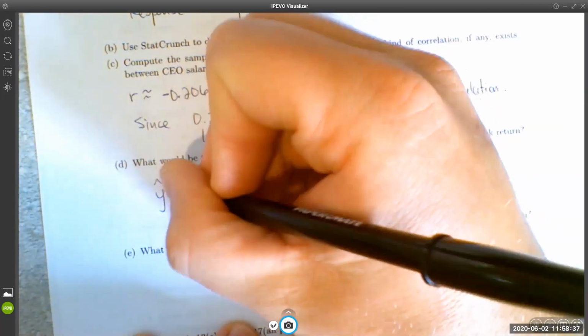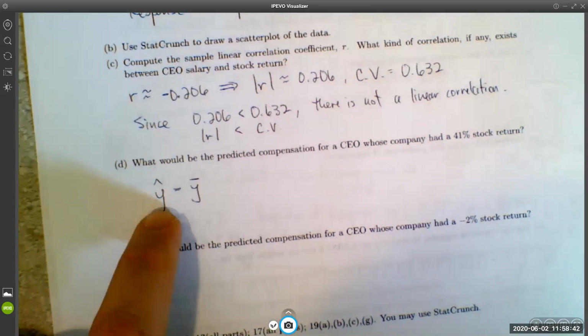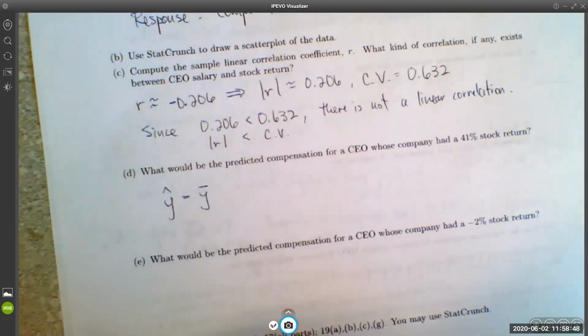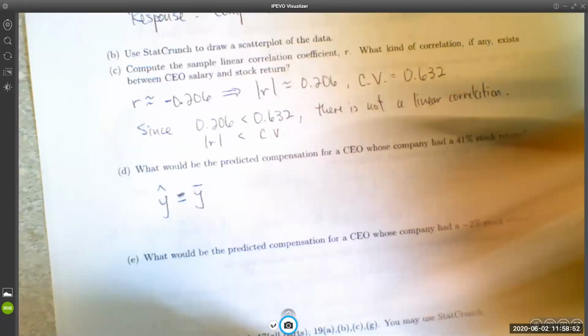The best we can do is look at the average compensation. Our prediction, y hat, is that they're going to make the average amount that a CEO makes, because we did not find a correlation between salary and stock return.